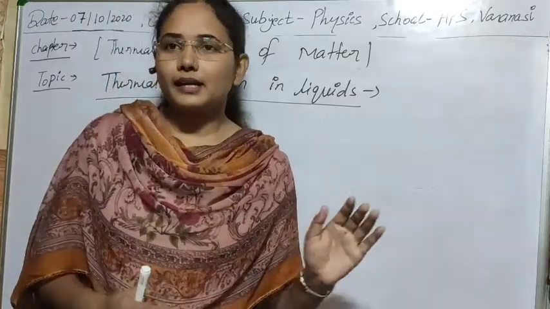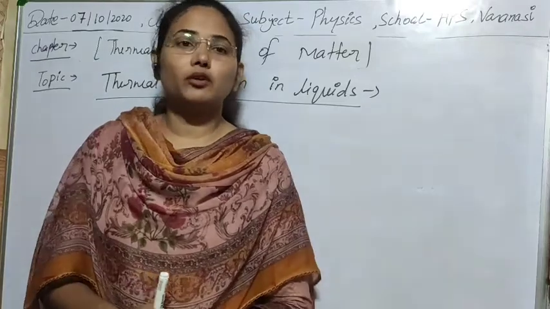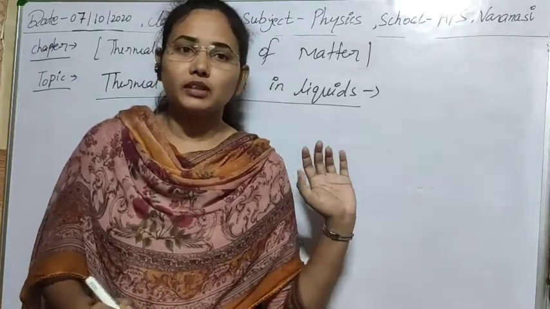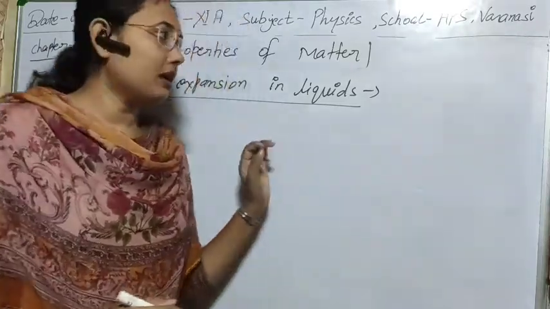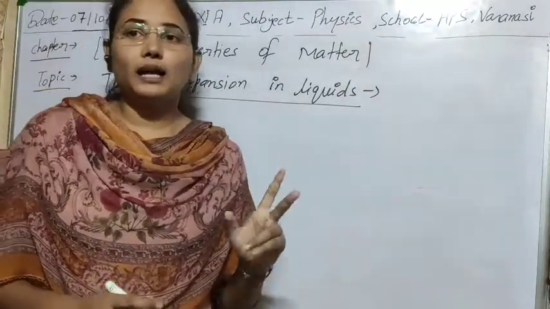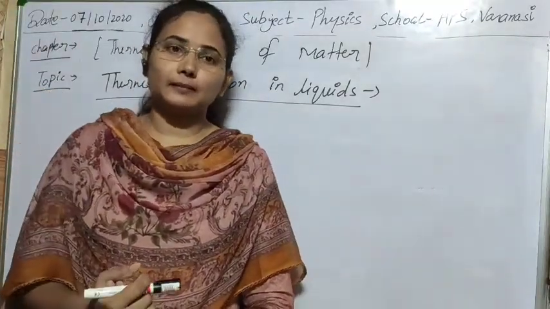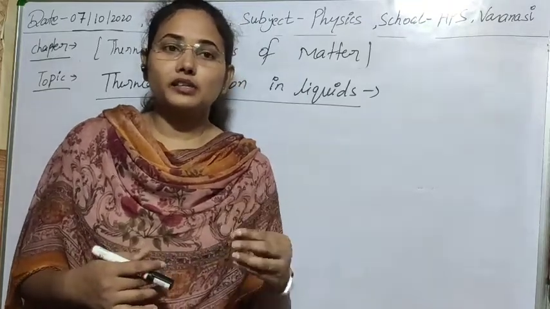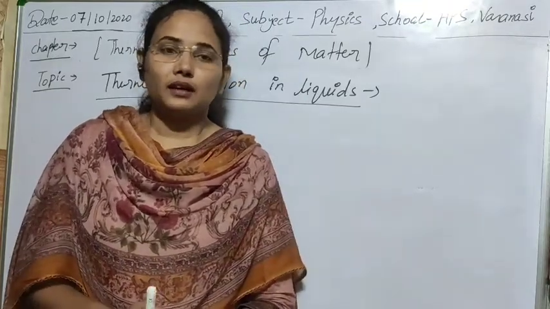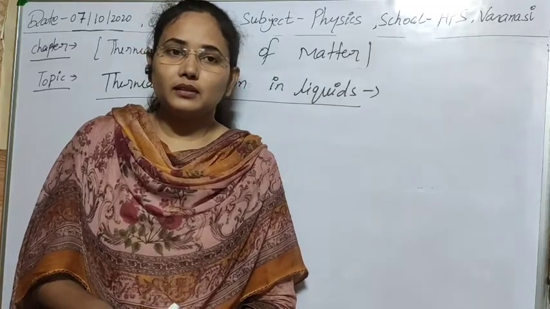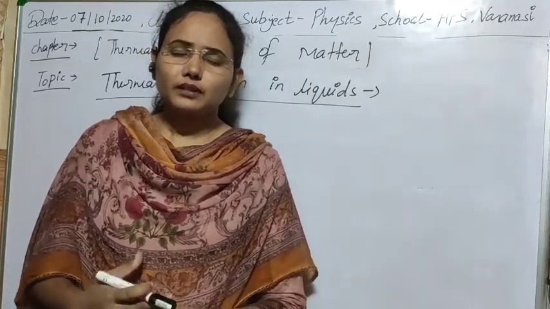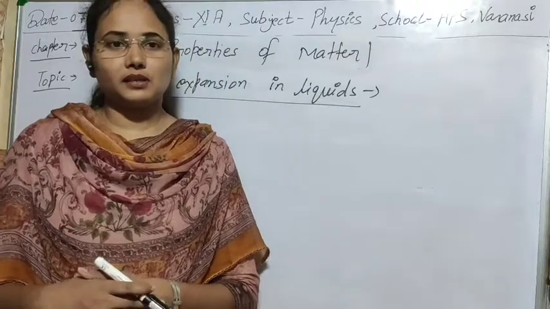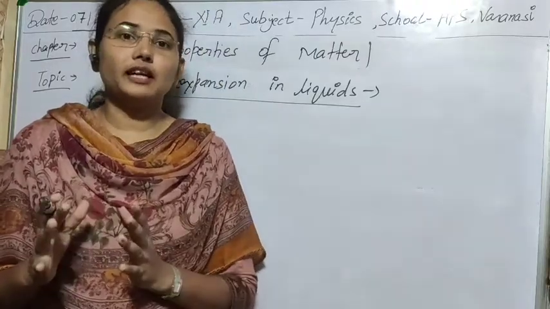And in this case definitely only volume expansion will take place, and so we can define two types of coefficient of thermal expansion in liquid. First is the coefficient of real expansion, and second is the coefficient of apparent expansion. So what will be the coefficient of real expansion?